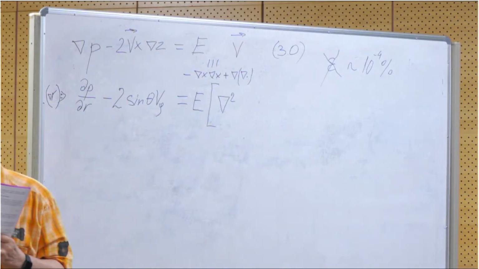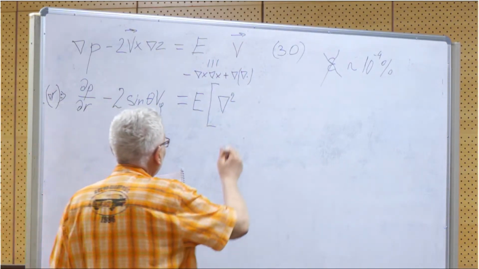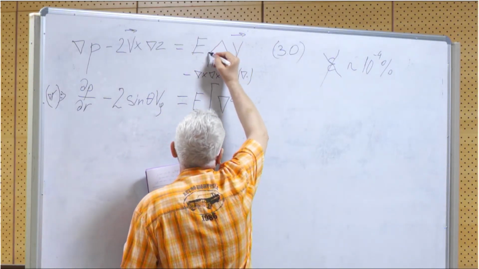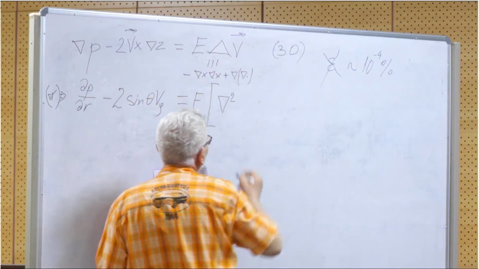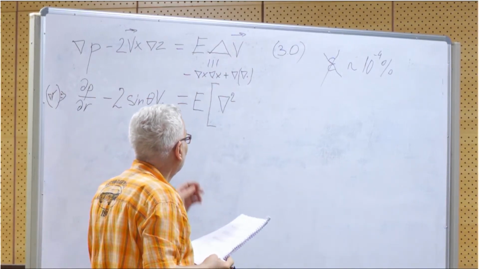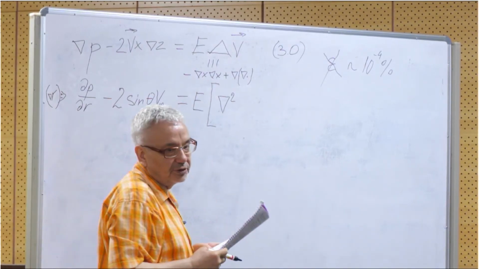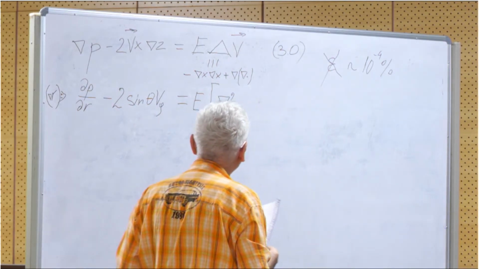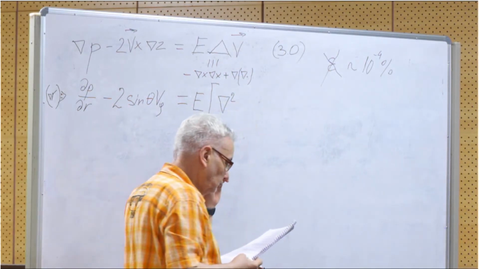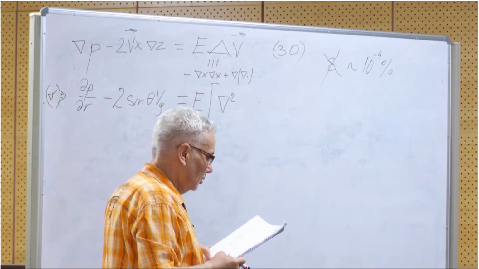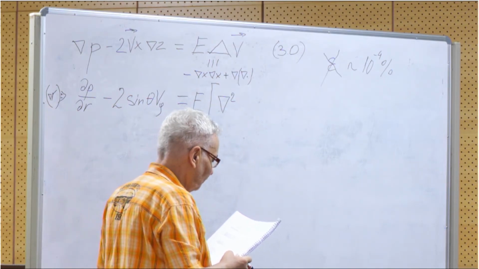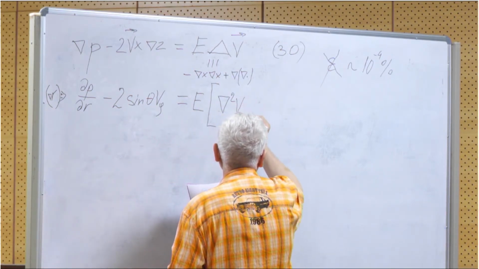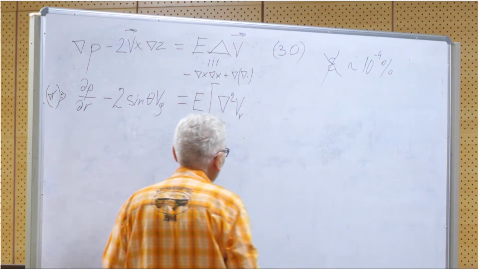Here I put not the square of the nabla function, but just the Laplacian function, just to stress that it's a vector. Okay, but for the first component, of course, we have the scalar Laplacian, and for the r.